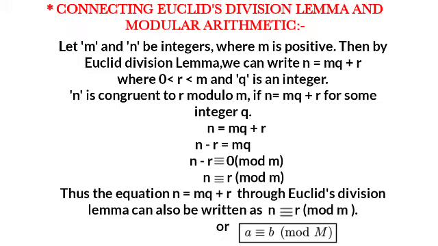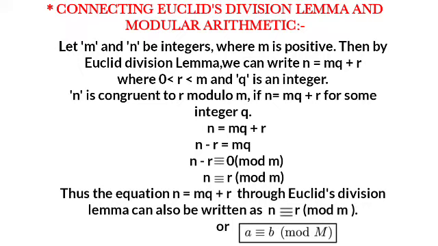Instead of writing n equals mq plus r, we can use congruence notation. Shifting r to that side, n minus r equals mq, where q is some integer. So n minus r is congruent to 0 mod m. Here r is greater than or equal to 0 and less than m.